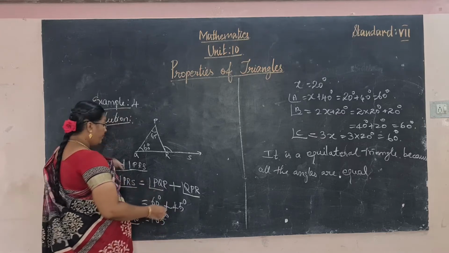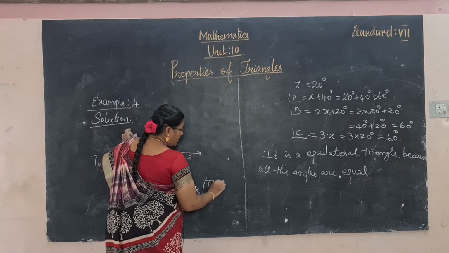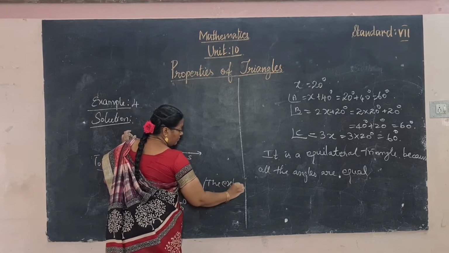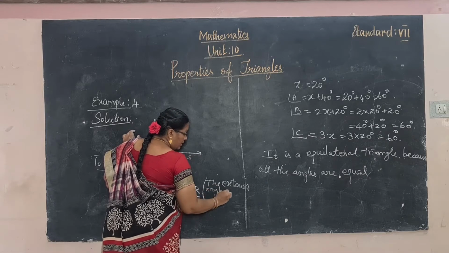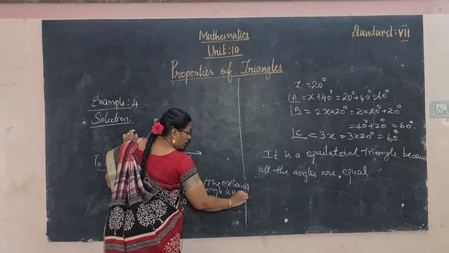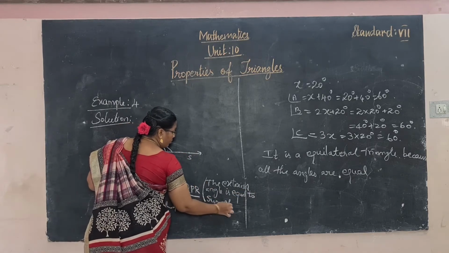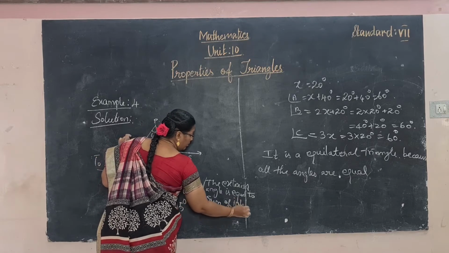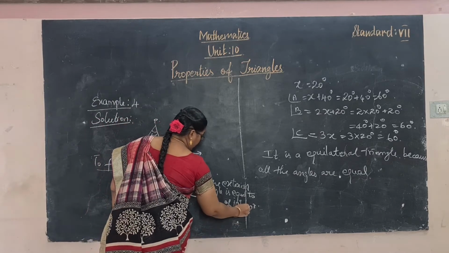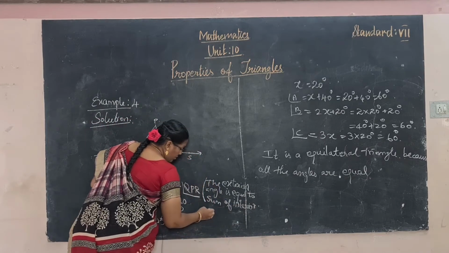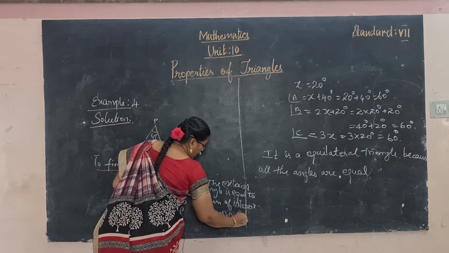Here we should write the property: the exterior angle is equal to the sum of the interior opposite angles.